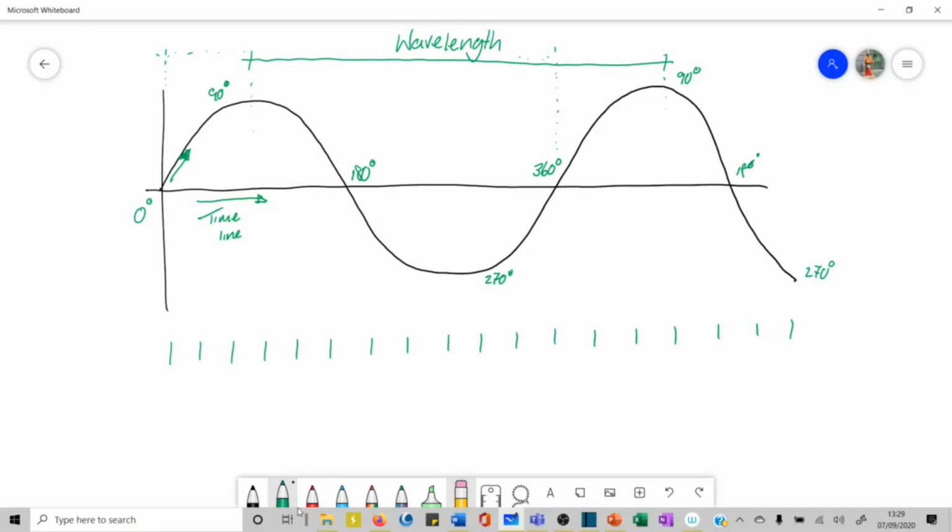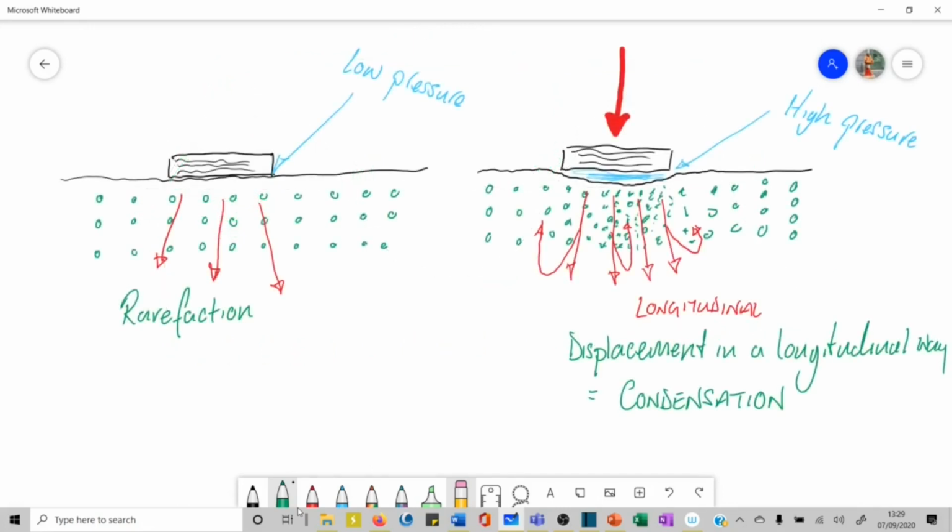So what happens then? If we look at the previous picture again, this is what I'm going to be referring to at 90 degrees. This is what happens at 90 degrees. We're at maximum condensation. And on the left-hand side, you can see the rarefaction. So that's max condensation, and therefore that would be maximum rarefaction.